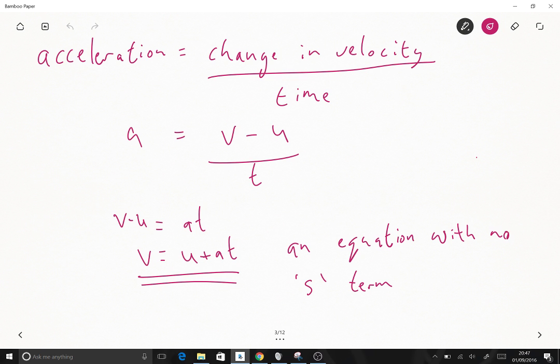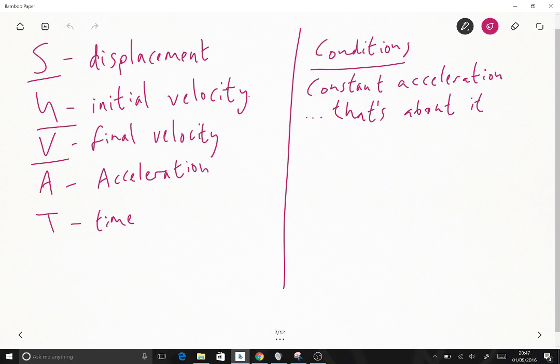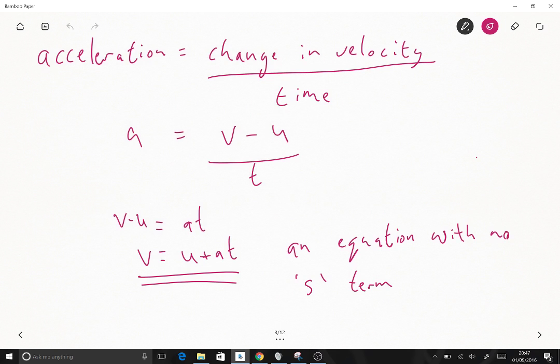And what you end up with is this equation with no s terms. If you look at the equation, there's no s. Now the original 5 variables that we were looking at, s, or displacement, was one of them, and we now don't have displacement.